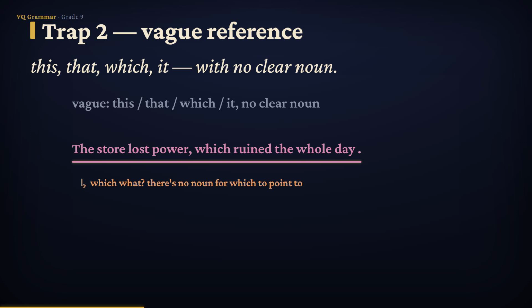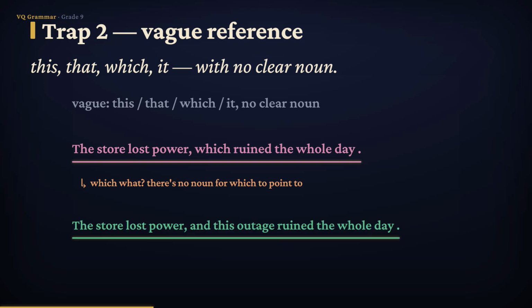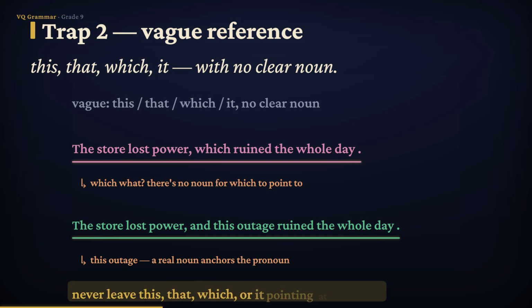It's just gesturing at the whole situation. The cleanest fix is to hand it a noun to hold on to. The store lost power, and this outage ruined the whole day. Just add a noun, this outage, and suddenly the pronoun is anchored to something real. So the rule is simple. Never leave this, that, which, or it pointing at nothing.